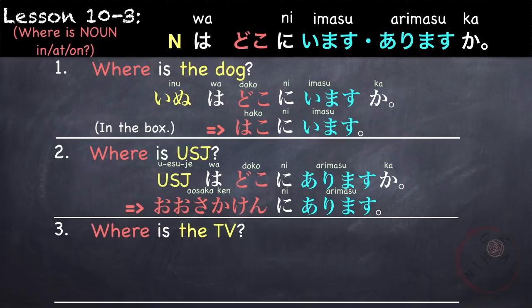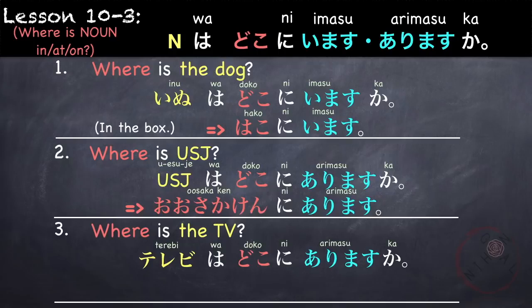Where is the TV? Terebi wa doko ni arimasu ka? Shinshitsu ni arimasu, or in the bedroom. Shinshitsu desu. Bedroom desu. Like I said, you can replace nani nani ni arimasu with just desu.